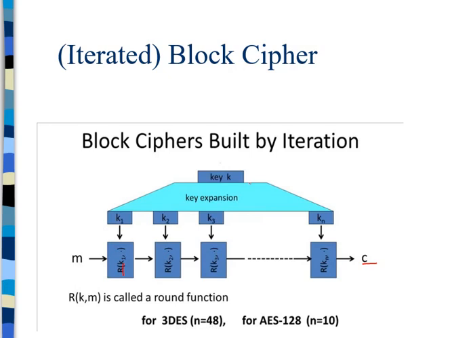Anyway, block ciphers are rather slow compared to stream ciphers. The longer the key, the slower they are. Anyway, we can do many things with block ciphers that we cannot do with stream ciphers.